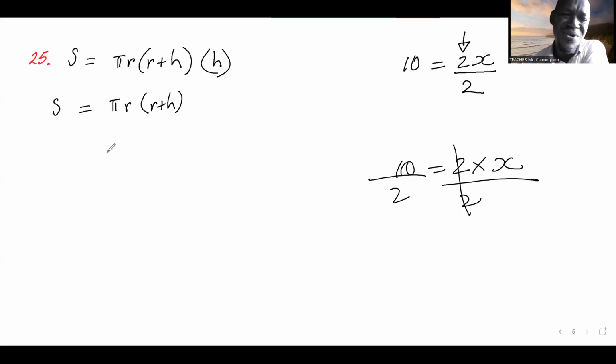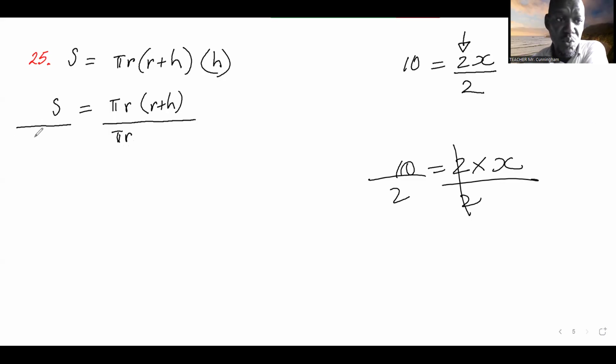Doesn't matter if you get it wrong or right, but the objective is to build your learning ability. You have to divide by something. Wherever you divide here, you have to divide over here. You're dividing by pi and R. You're going to leave the R plus H for later.